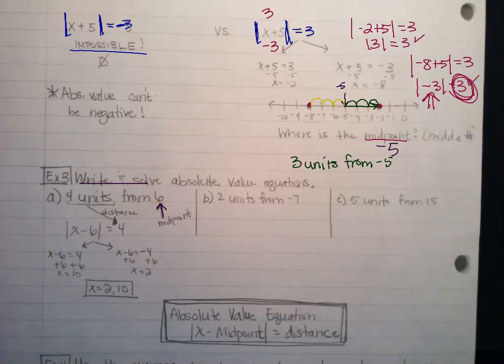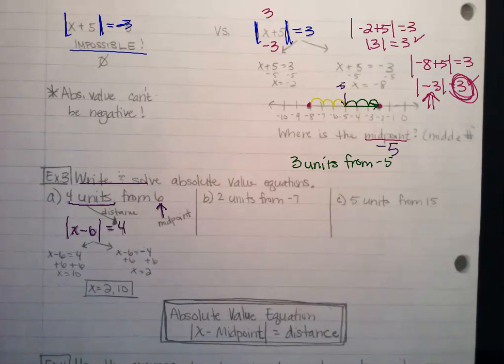So when we're doing this, and then they tell us how many units, what we do is x minus the midpoint goes inside our absolute value signs, and it's equal to the distance. Like x is our origin.